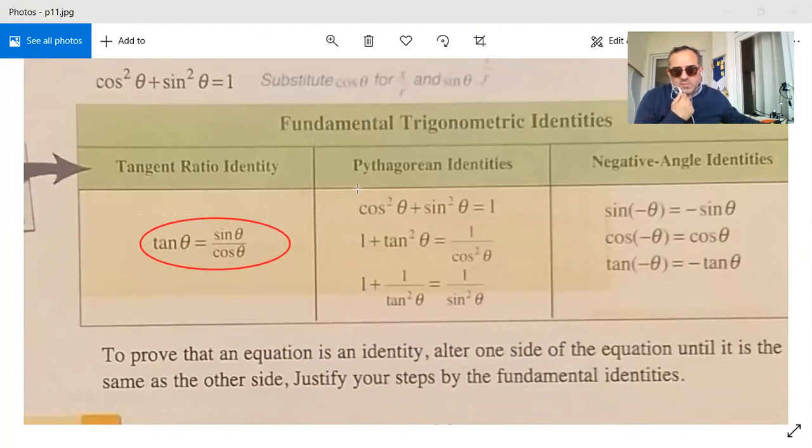And number 2, this one: cosine square plus sine square always is equal to 1. Yes, it's equal to 1.